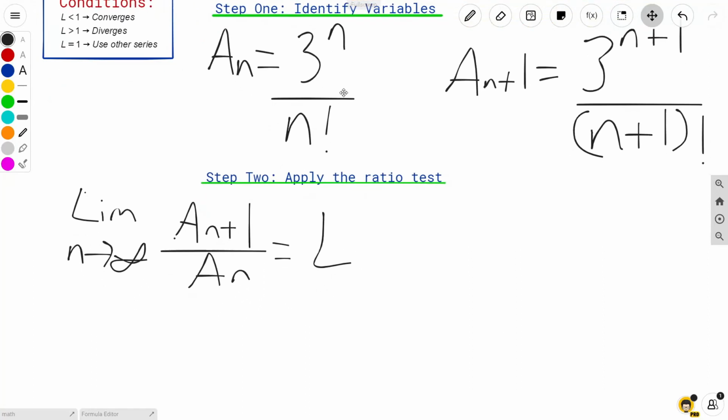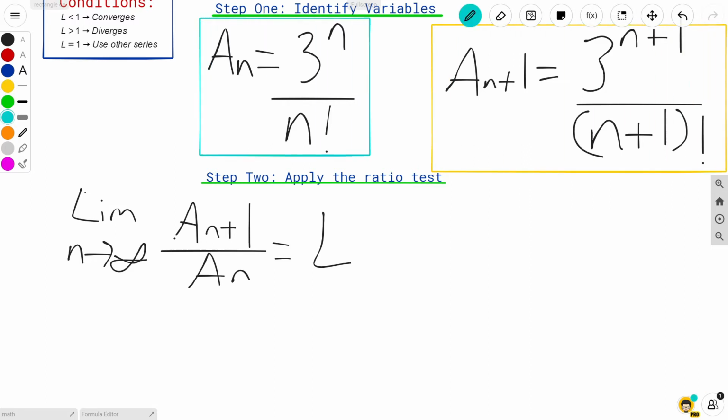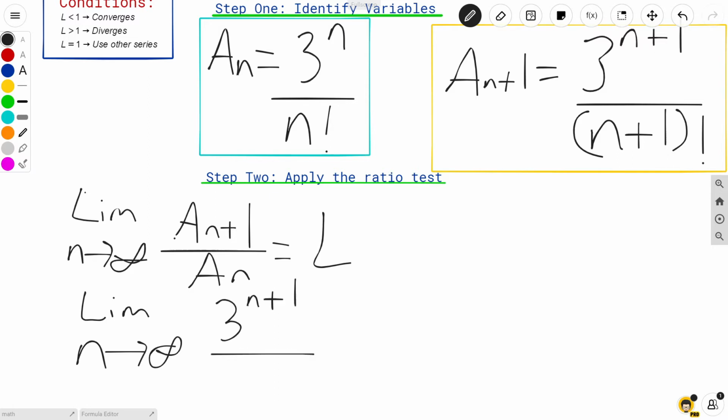So without further ado, a sub n plus 1 is over here, and a sub n is over here. Now all we simply do is plug these two in, and then compute the limit. So the limit as n approaches infinity of 3n plus 1 divided by n plus 1 factorial times 1 over a sub n.